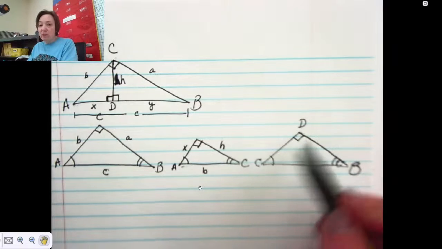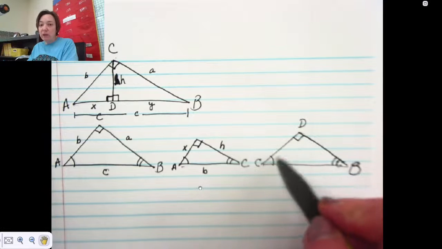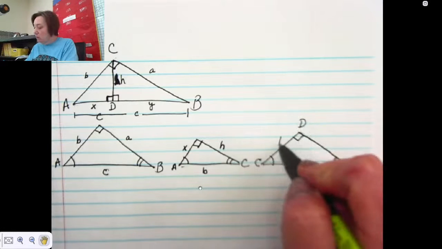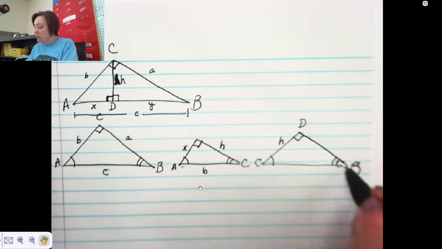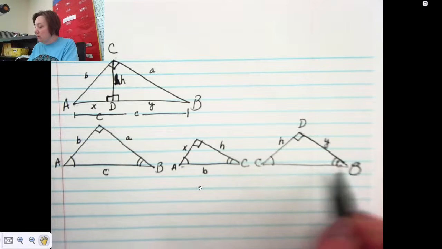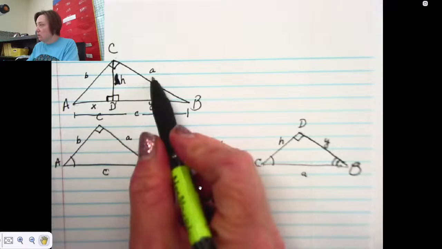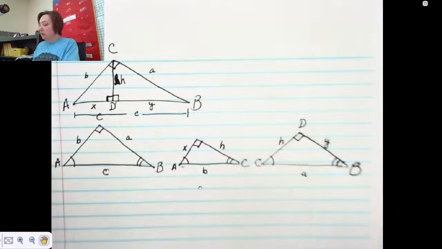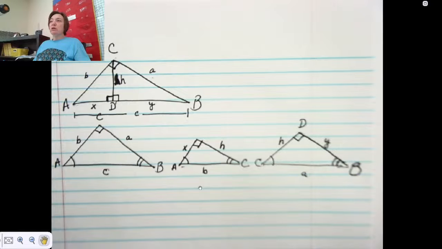And then on our medium-sized triangle, this piece right here is H. This piece right here is Y. And then this piece over here is A. See how that's across from that right angle? Okay, does everybody see where I got those letters from? I didn't make that up. That's what they are up here.